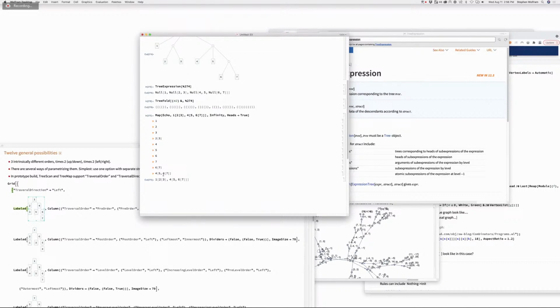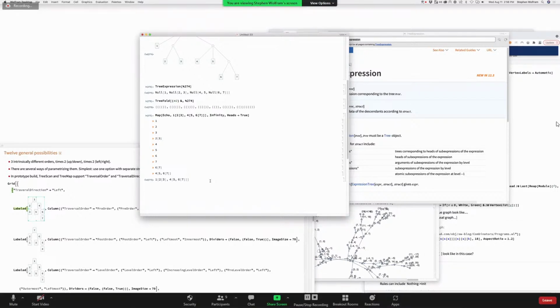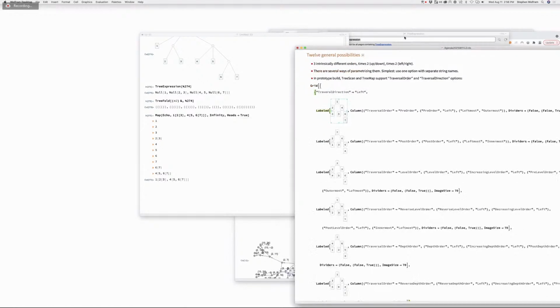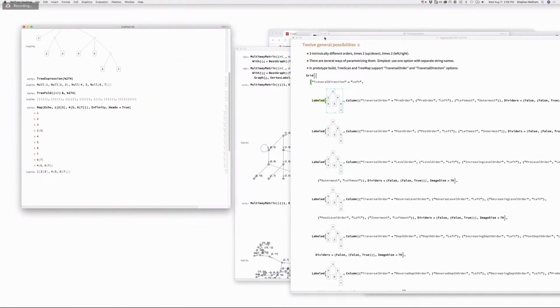I believe your traversal order for tree map is identical to what we would need for a traversal order for map. That is my claim. Any disagreement with that? No, I think the traversal orders suggested by Ian are applicable to map too.